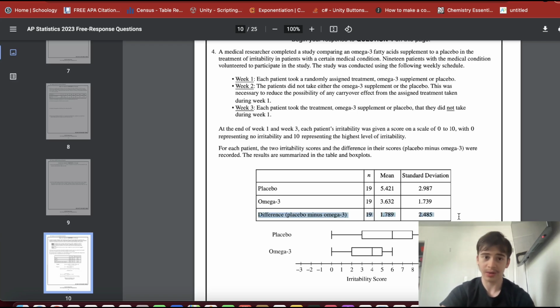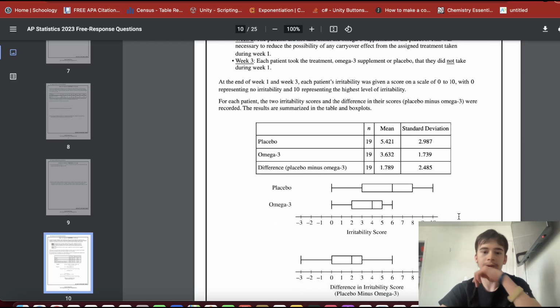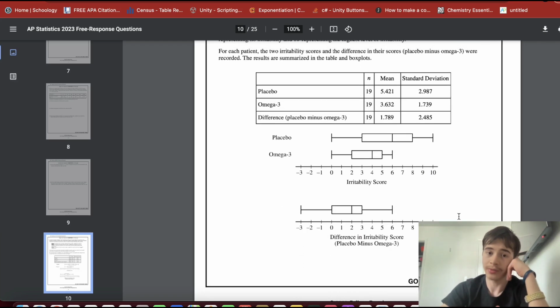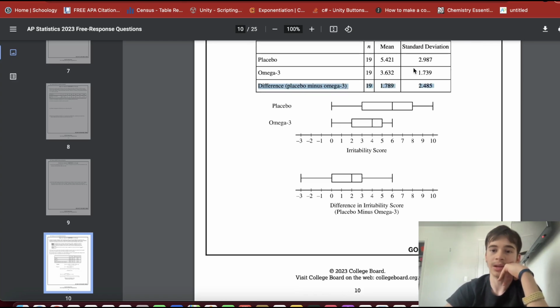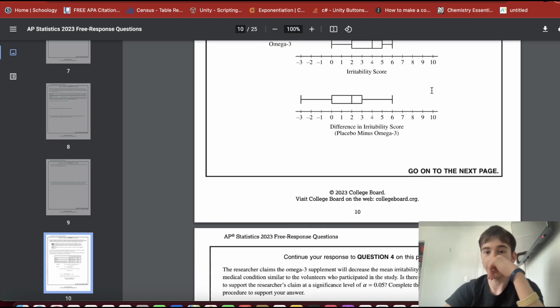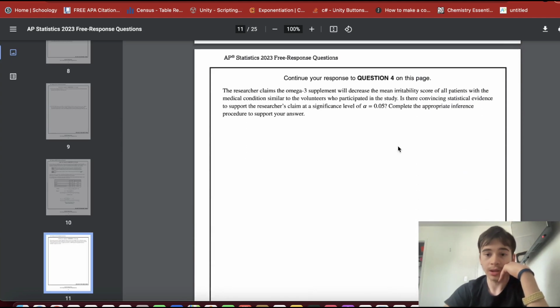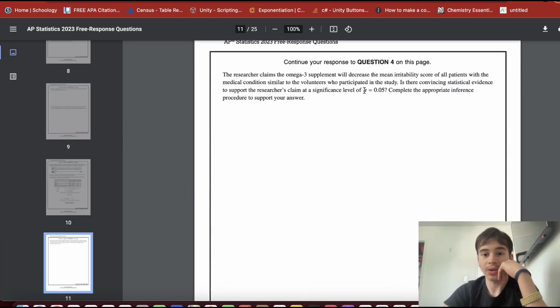This sort of already tells us that we might have to use mu-diff, the true mean difference, instead of the difference of true means. They're two different things, and for this one you want to go with the true mean difference. Why? Because for the difference in placebo minus omega-3, they give you the mean and the standard deviation, and you're going to be able to do the state, plan, do, conclude with a significance level of 0.05.